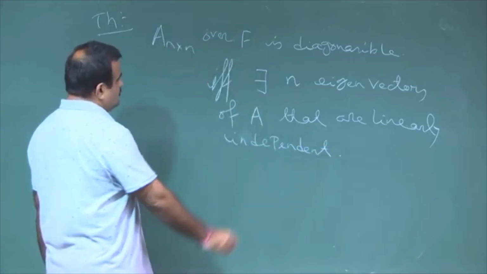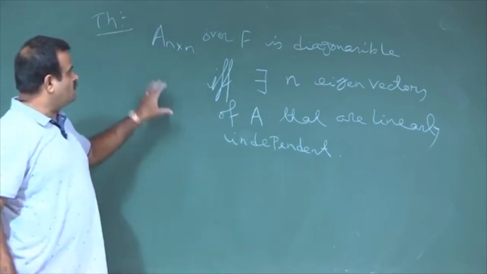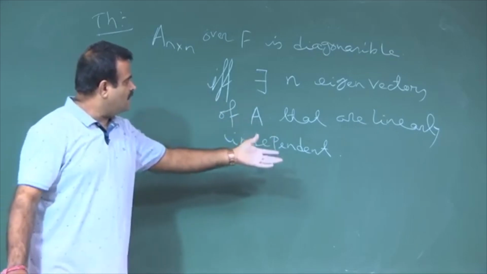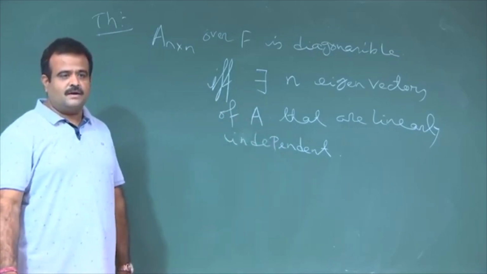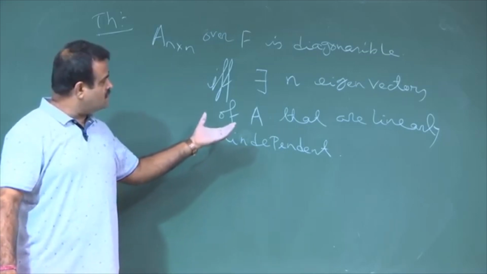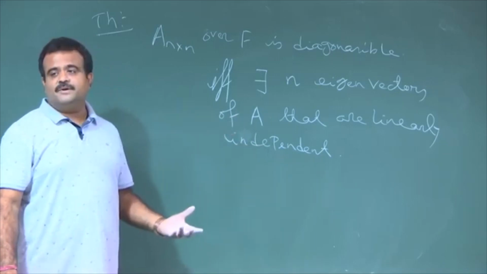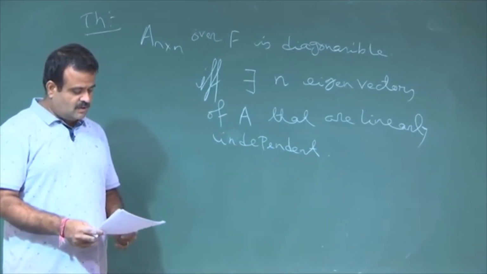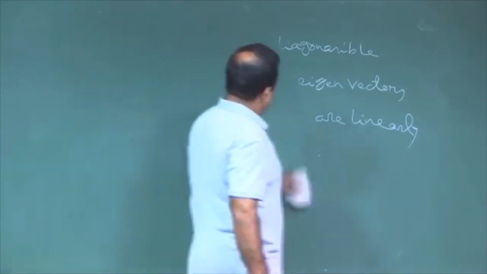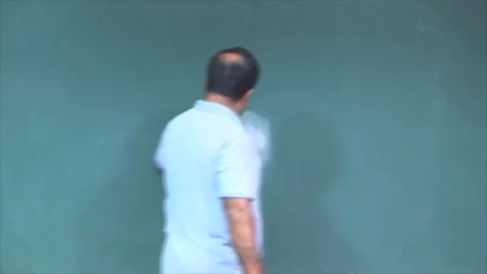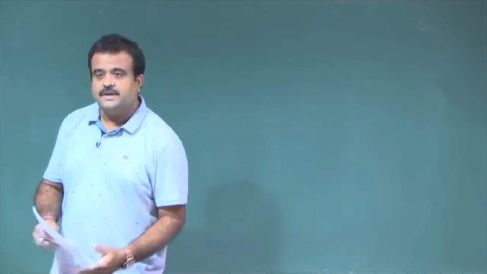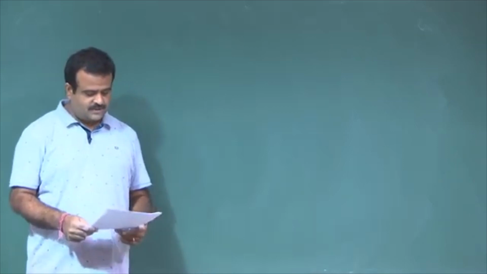This is the necessary and sufficient condition. So if it is diagonalizable, then we have n linearly independent eigenvectors, and conversely, if there are n linearly independent eigenvectors, then it is diagonalizable. This is one theorem, and we will see an example on this. If we cannot find n linearly independent eigenvectors, then it is not a diagonalizable matrix.